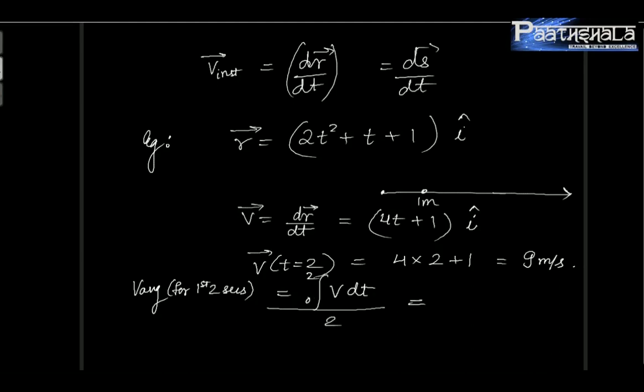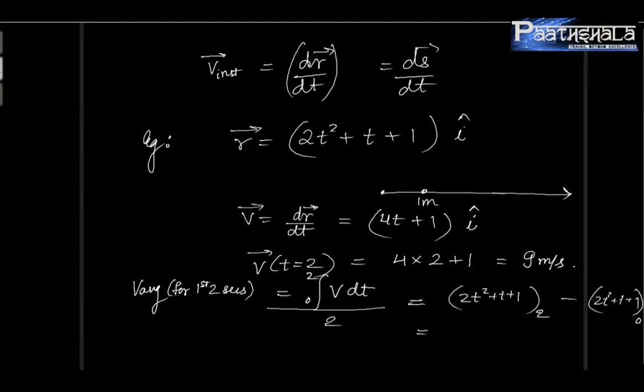On integrating, you will realize that you just actually have to integrate this expression, or this is the position vector, right? You have to substitute 2t square plus t plus 1. Once you have to substitute here 2 seconds, and once here you have to substitute 0 seconds. Same bracket, 2t square plus t plus 1. So 1 goes away. After you put 0, these two terms also go away.